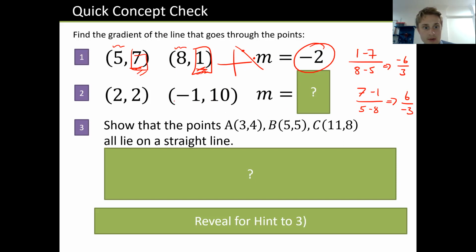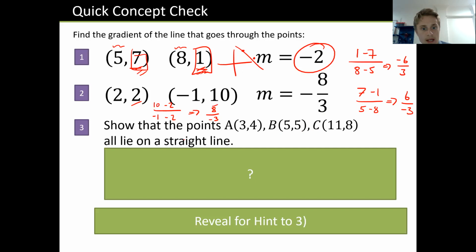For this one, 10 minus 2 over, right minus left again, minus 1 minus 2. So I seem to be getting 8 over minus 3, and that's how I'm going to leave my answer. There's nothing wrong with fractions. In fact, a lot of the time they're better because they're more exact or easier to manipulate later on.